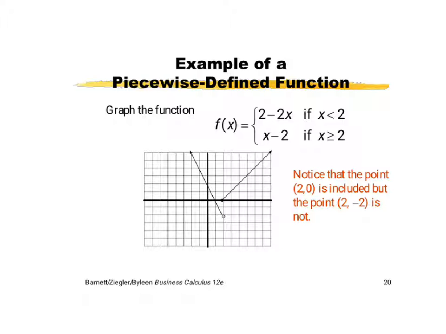And that's because here, for the first one, it says x is strictly less than 2, so the point 2, 0 is not included. It's like an open dot or parentheses. And then for the other part here, it says the point 2, negative 2 is included because here we have a domain that says x is greater than or equal to 2.